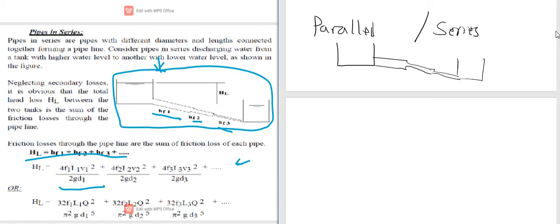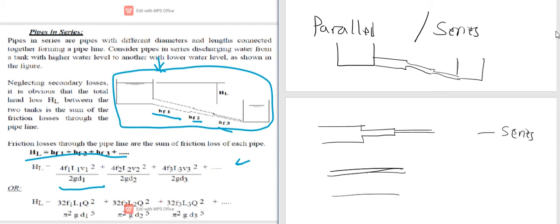This is in series, where the pipes are something like this. Let me draw it. This is a series connection, while parallel is when you have the pipes like this connecting the 2 tanks, something like this.